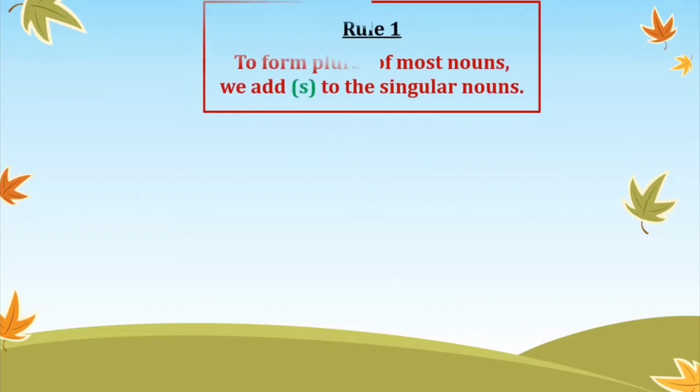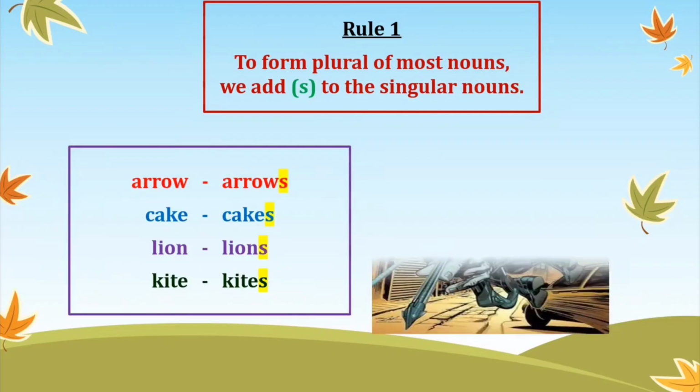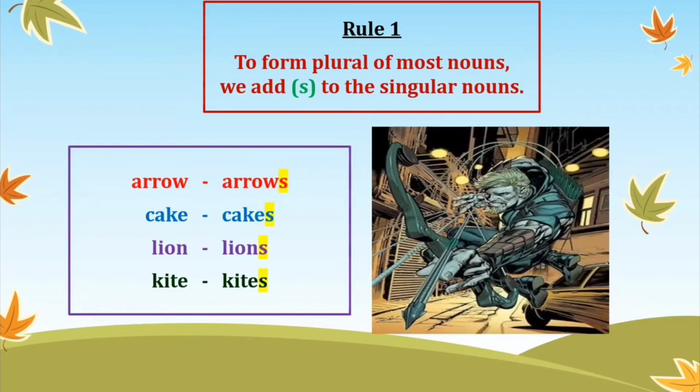Plurals. Rule number 1. To form the plural of most nouns, we just have to add s to the singular noun. For example, one arrow is called an arrow, and if you have more than one, they are known as arrows. You just have to add s and it will become arrows.